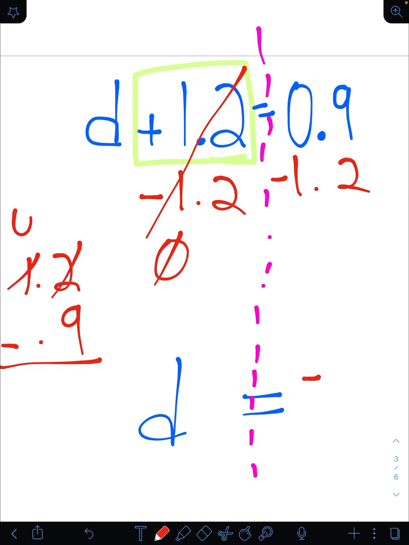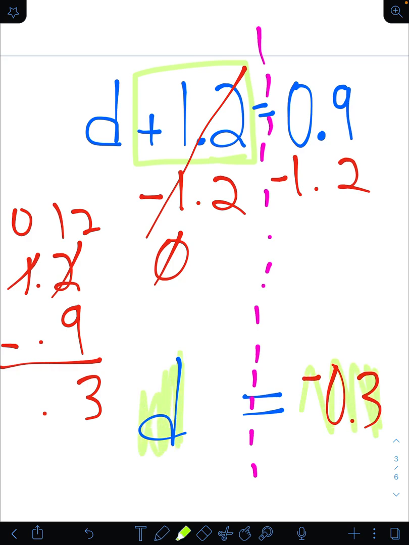Or you can borrow, 0, 12, 3. Remember, if it's a decimal answer, you got to put the 0 before the decimal, 0.3. Now, here's the trick. If you just type in negative 0.3 into the computer, it'll mark it wrong, because I want you to say D equals negative 0.3. So you know that that's what we're solving for.